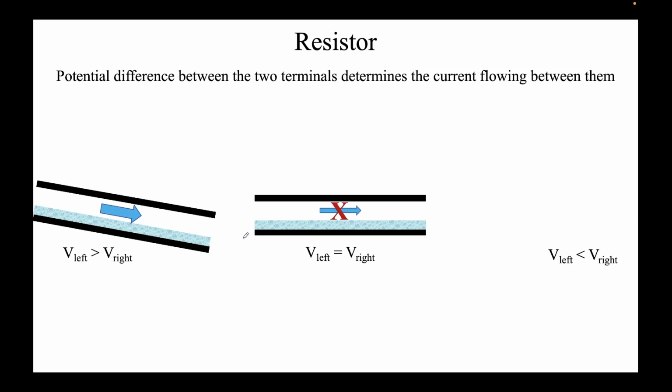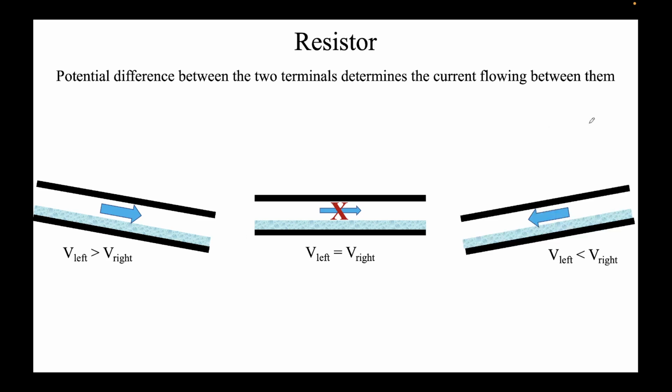A scenario which is slightly different is where the potential on the right is on the higher side, which you see on the right of your screen. The potential on the left is lower, so naturally the water in this pipe will start flowing from right to left. Or analogously, if you apply the terminals of a battery to, let's say, a metal block, where the right side of the metal block is connected to the higher potential, the positive terminal of the battery, current will start flowing from right to left.